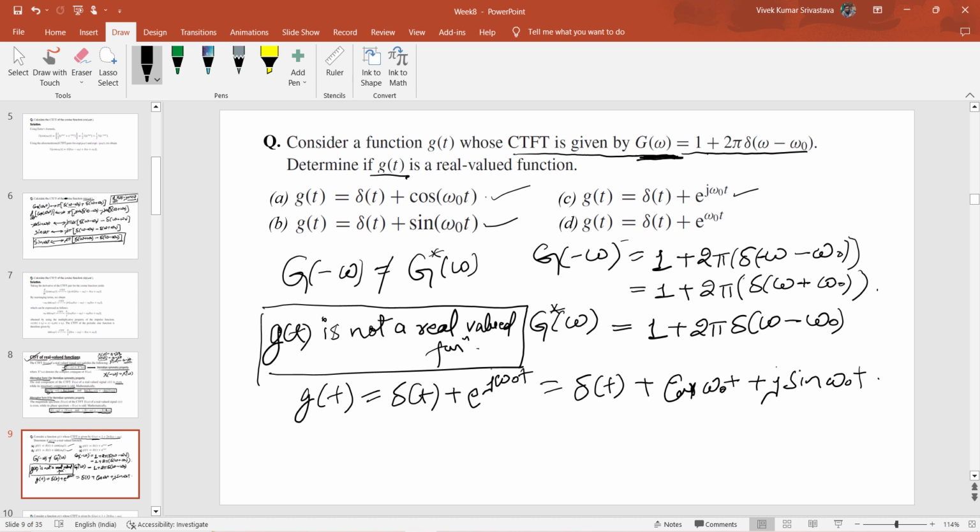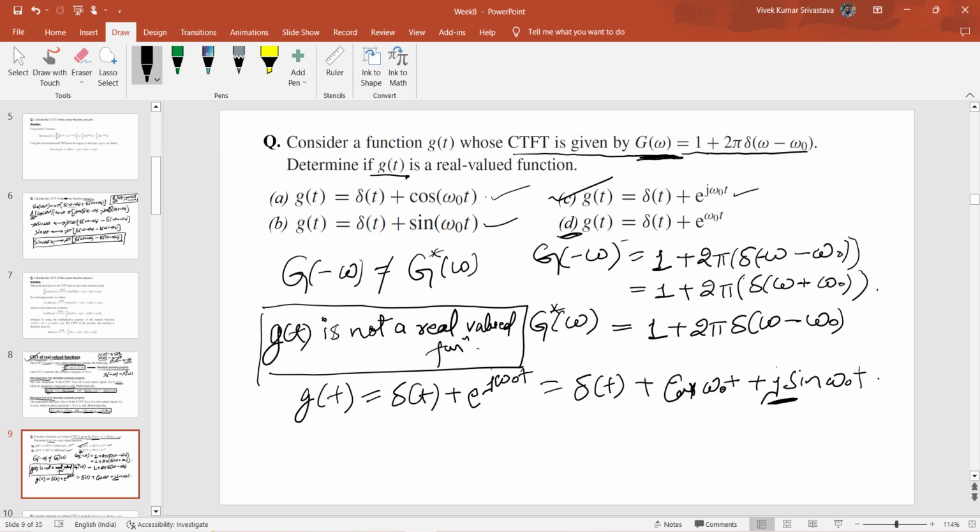From here we can see that it has an imaginary part, so option C can be a function that is a Fourier transform pair of this G of omega.